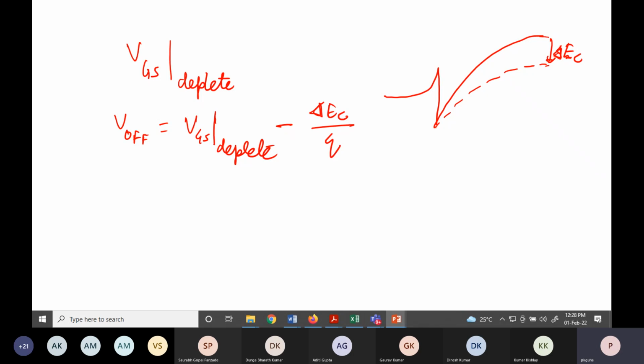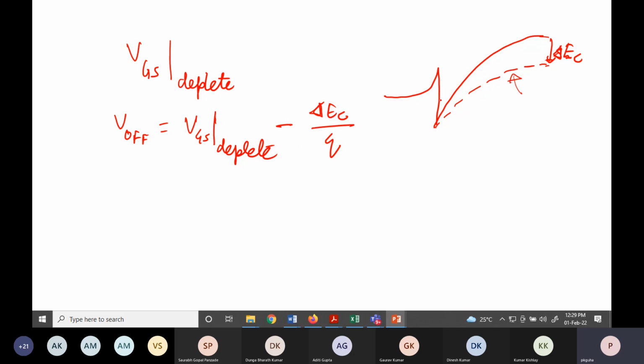Conceptually, the way we define V off is VGS deplete, that is what we have to apply to deplete the entire aluminum gallium arsenide. On top of that, we have to apply additional voltage, delta EC by Q, because VGS deplete is negative in this particular case. So this plus additional delta EC by Q we have to apply so that we reduce that band bending in such a way that it becomes the same as that of the homojunction of gallium arsenide, this particular conduction band region.